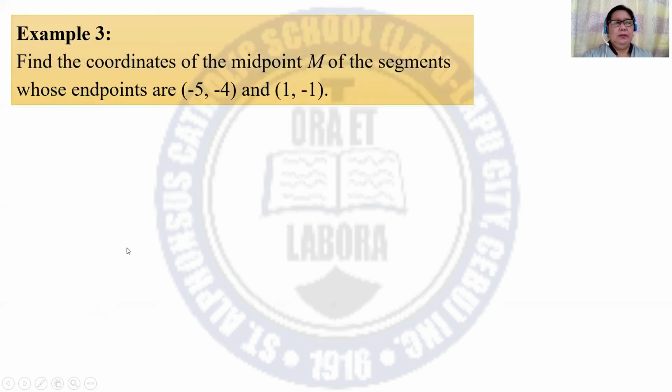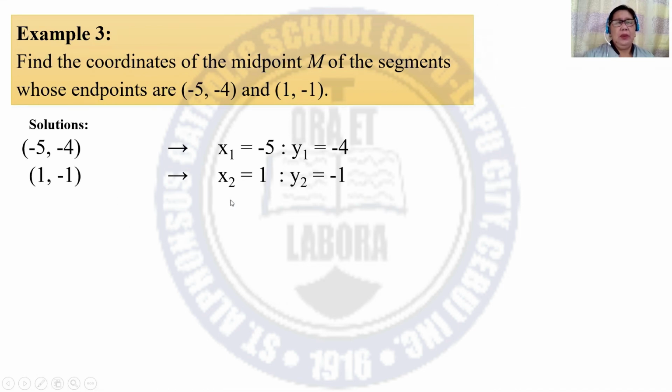Next example. Find the coordinates of the midpoint M of the segment whose endpoints have coordinates (-5, -4) and (1, -1). For the solutions, x sub 1 is -5, y sub 1 is -4. On the second point, we have x sub 2 as 1, y sub 2 is equal to -1.